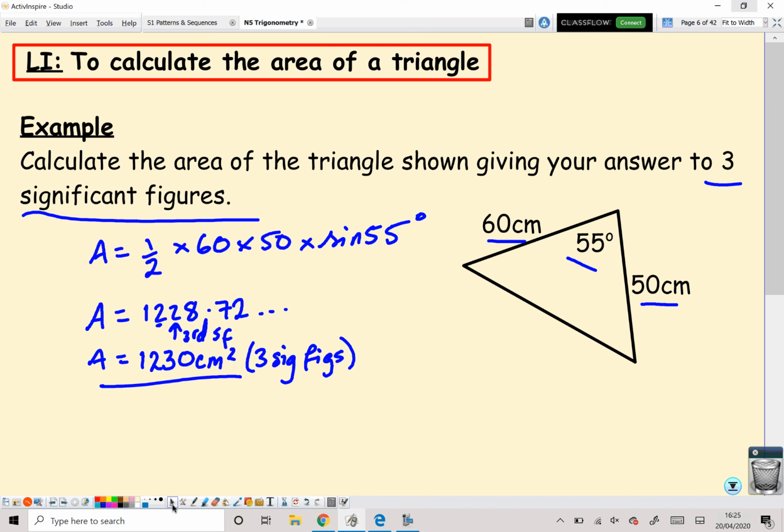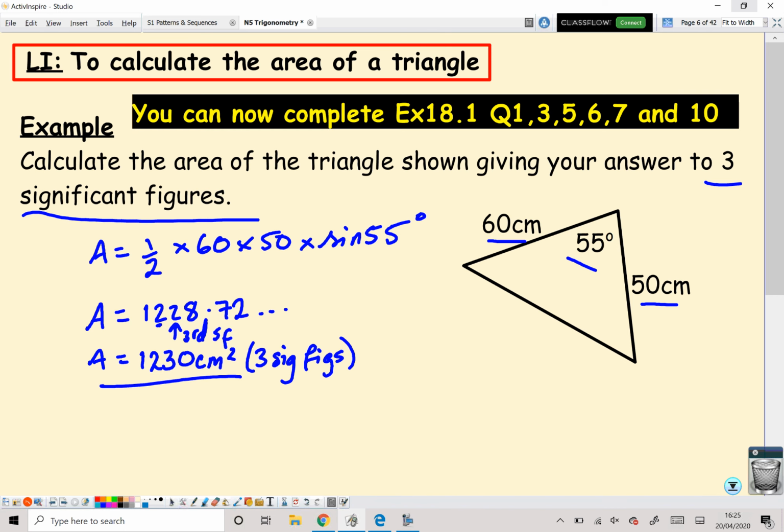So that's how we calculate the area of a triangle, folks. What we can do is you've got the textbook exercise in your book, exercise 18.1, questions 1, 3, 5, 6, 7, and 10.